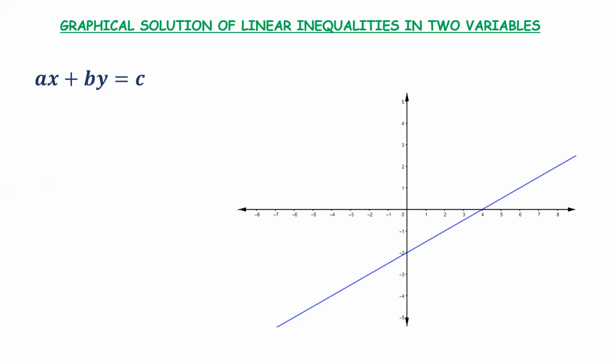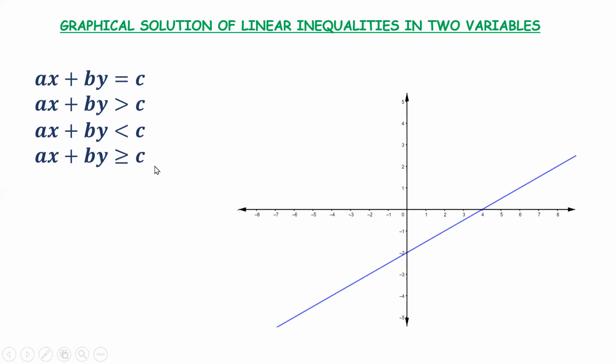Suppose this is the line for ax plus by equals c. Now, if we are using the linear inequalities, so maybe ax plus by is greater than c, or ax plus by is less than c, or ax plus by is greater than or equal to c, or ax plus by is less than or equal to c.